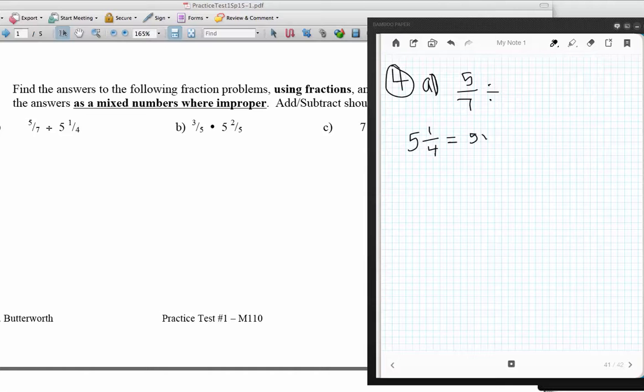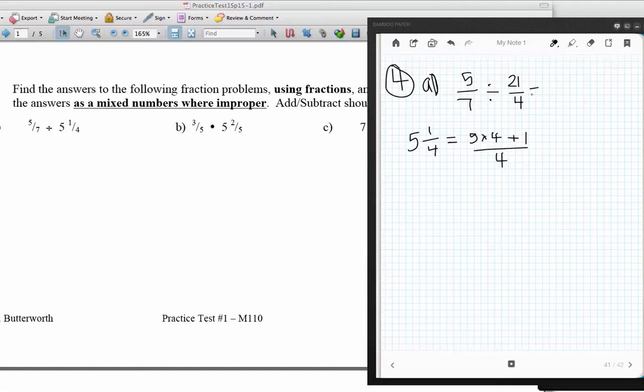So that's 5 times 4 and then plus 1, and then I put it over the original denominator. So that's 20 plus 1, or 21/4. And that's my improper fraction from the mixed number 5 1/4.